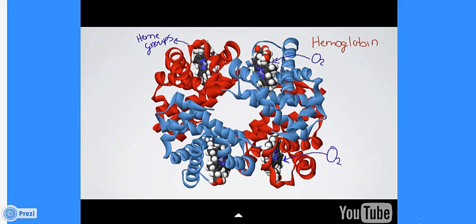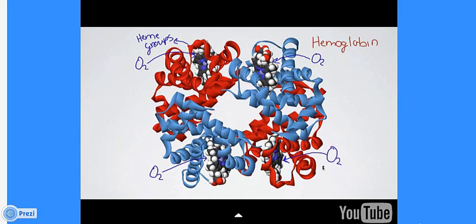And when that other oxygen comes in and binds, it causes another conformational change, making it easier for another oxygen to come and bind. And once again, once that oxygen binds here, it makes it easier for another oxygen to come in here and bind to it.